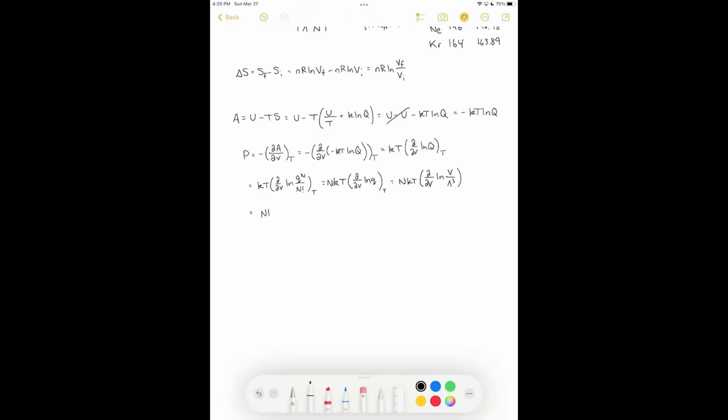So here we'll have nkT over V, and I think now you'll be able to see what we're doing here. We've made this substitution a good number of times now, but nk is simply lowercase nR, and what we have is P equals nRT over V, which is the ideal gas law.